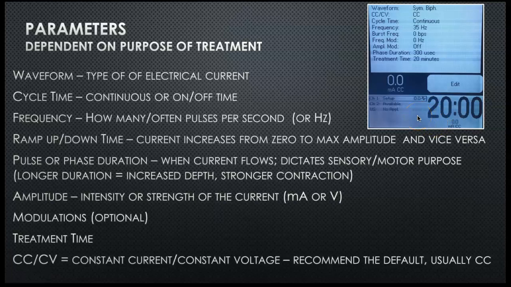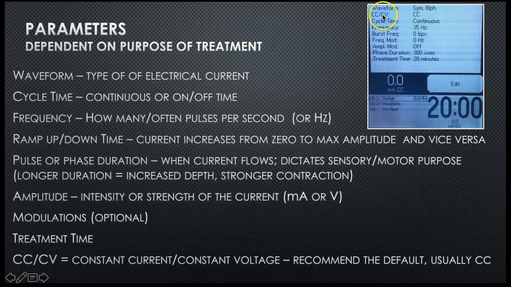And then you'll see this on some machines and not others. And I just want to clear it up so you don't panic when you see it. Just leave it on the preset. This thing, the CC/CV, it stands for constant current or constant voltage. So you could switch it to whichever one you wanted. I would recommend just leaving it in the default one.